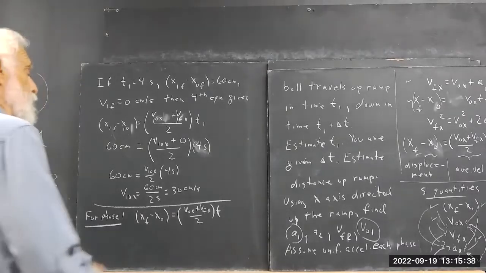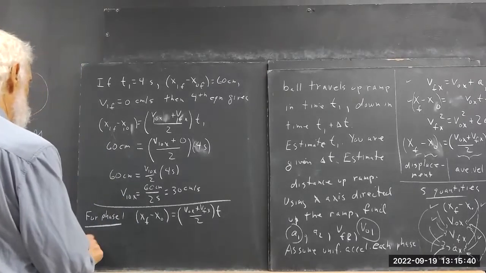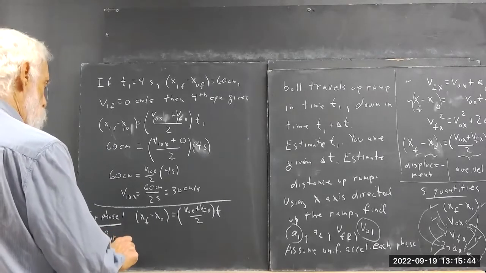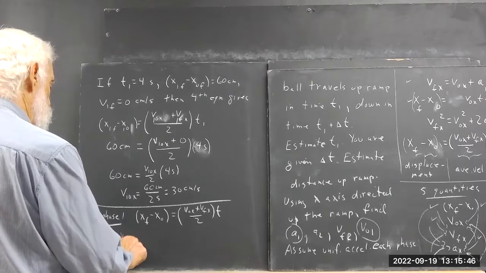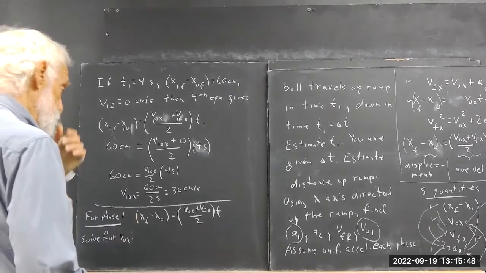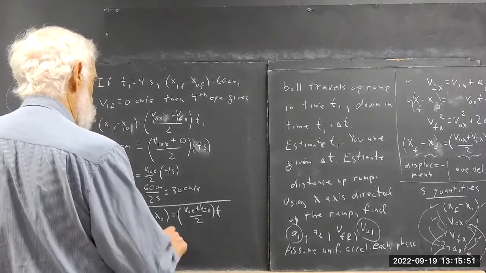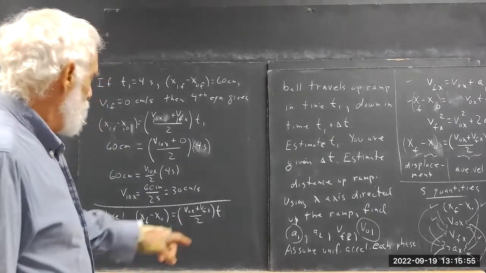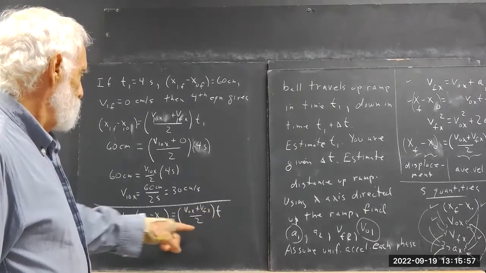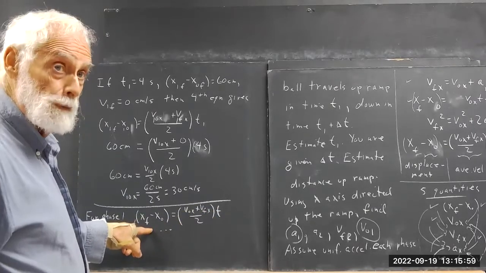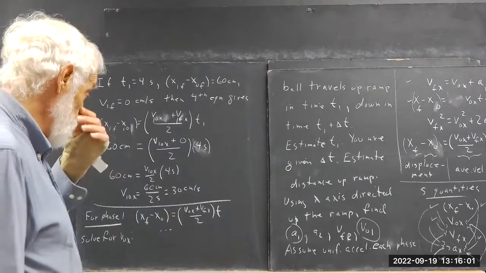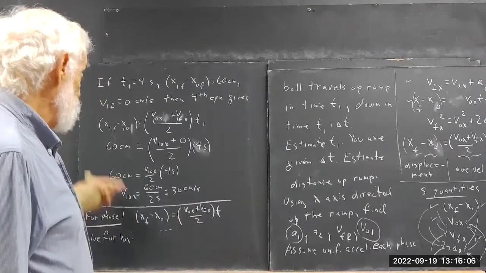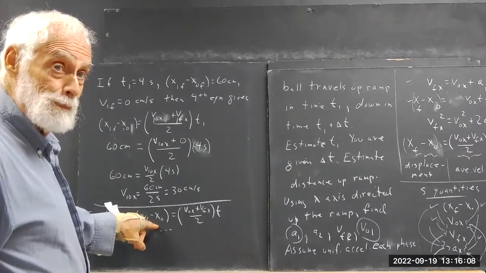Okay, and we solve this. But we know what else. Well, I'm just going to put 3 dots, but how do we solve it? We multiply both sides by 2 over t to give us v naught x plus v fx equals 2 over t times this.